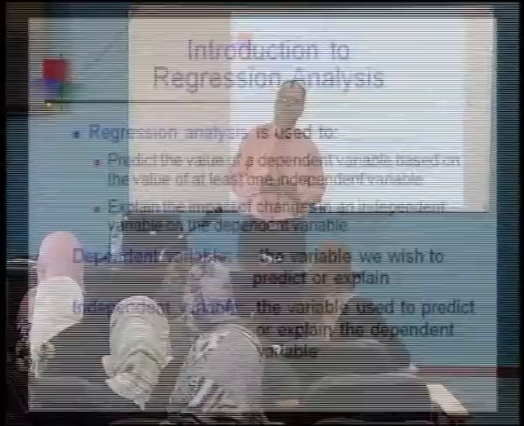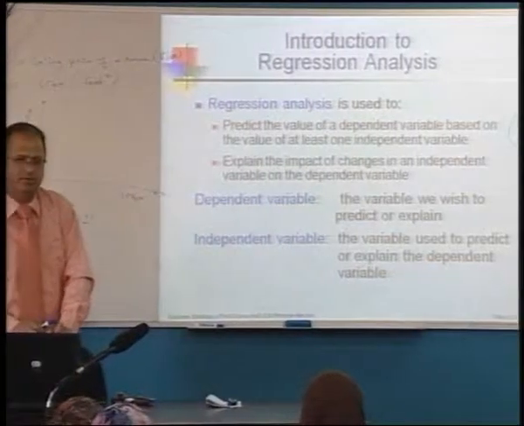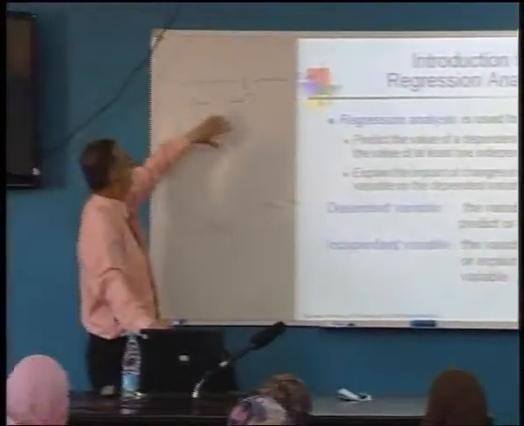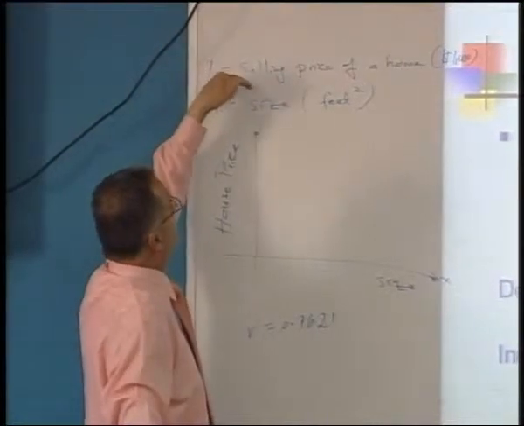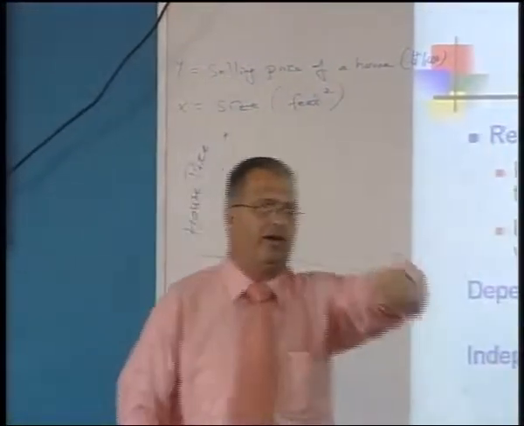Next, I will give some introduction to regression analysis. First, regression analysis is used to, number one, predict the value of a dependent variable based on the value of at least one independent variable. So by using the data we have for selling price of a home and size, you can predict the selling price by knowing the value of its size.